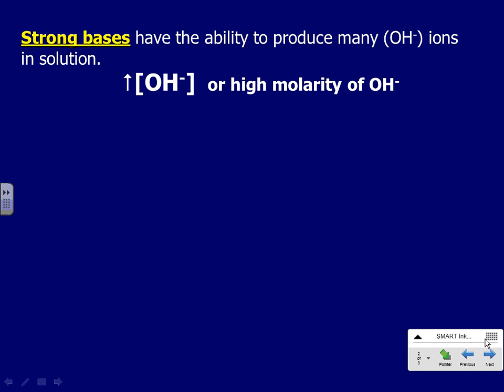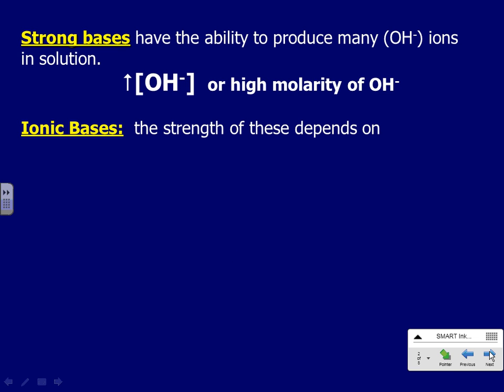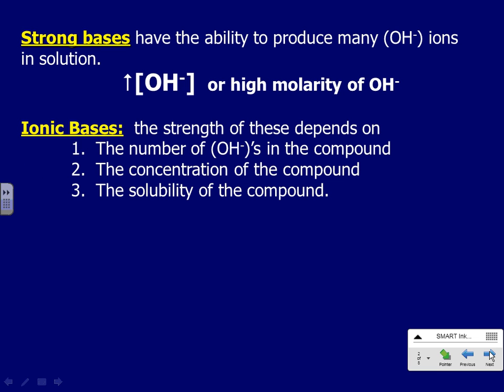Now, in order to do that, we're going to look at ionic bases, and I'll bring up the factors that affect how many OHs end up in the water.